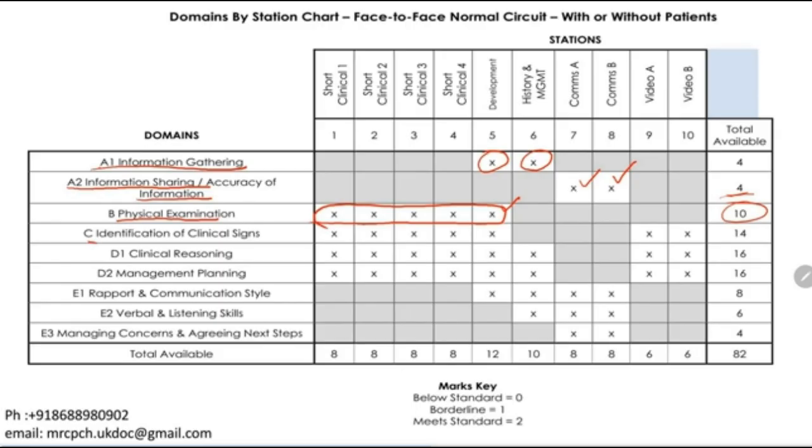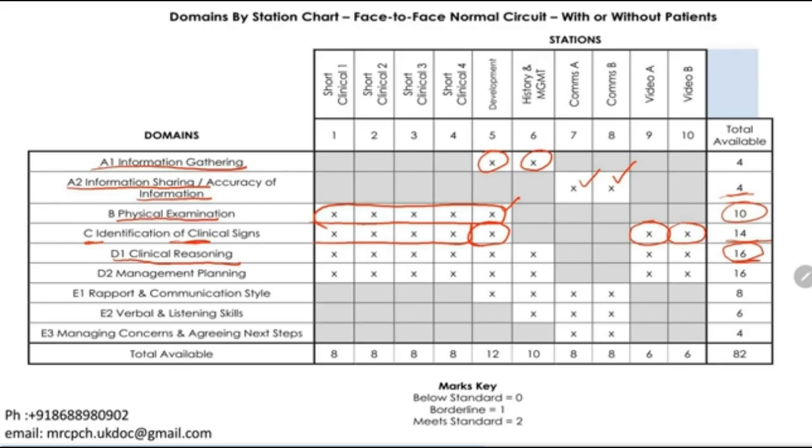And domain C, that is identification of the clinical signs, has 14 marks. This is tested across all 4 clinical stations and also the developmental station, and identification of the signs is also tested in video A and video B. And for clinical reasoning, domain D1, the maximum is 16 marks.